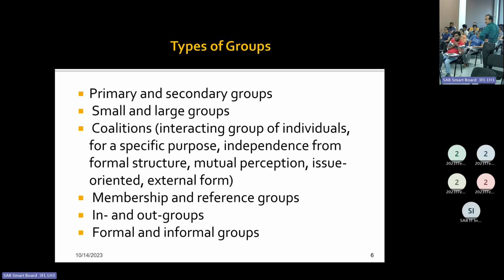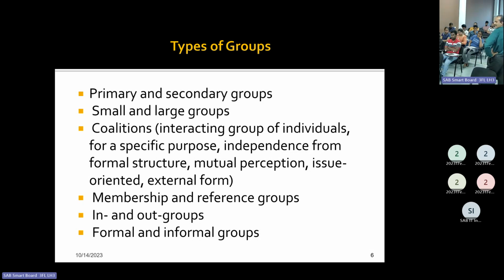In groups, the majority of members of the group try to follow the dominant rules, regulations, values of the organization. That is similar to the formal group. Then members in out groups try to deviate from the organizational routines. That's why they are called out groups. That is somewhat similar to the informal groups, but not the same.